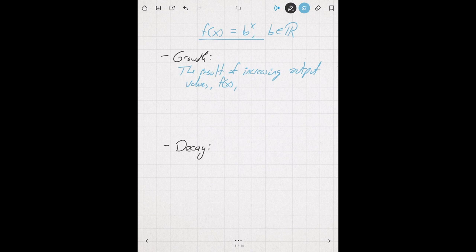Remember, f of x is like y here. That's your output. So exponential growth is when you have increasing output values for increasing x values. Another way of saying this would be, as x increases, so does f of x. So that's the idea with exponential growth.